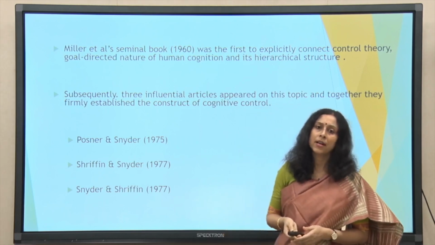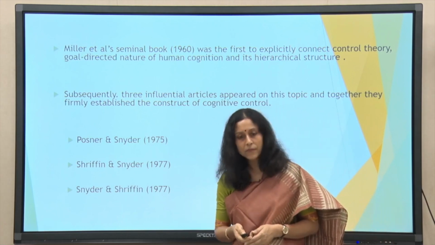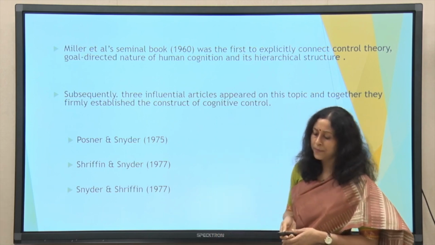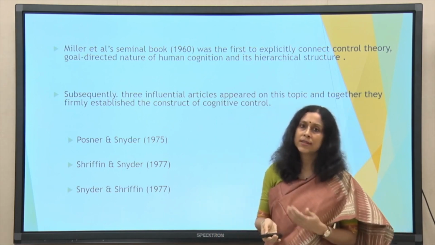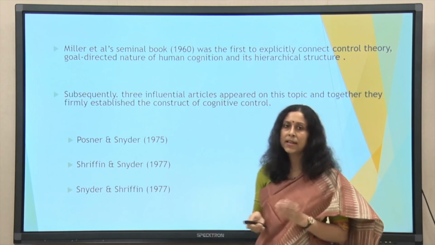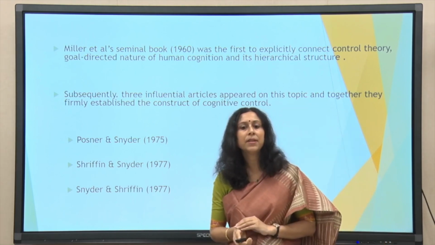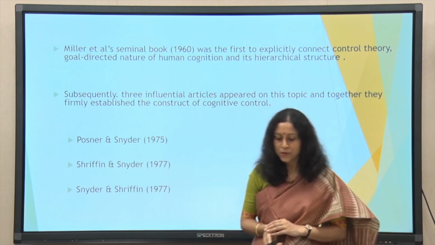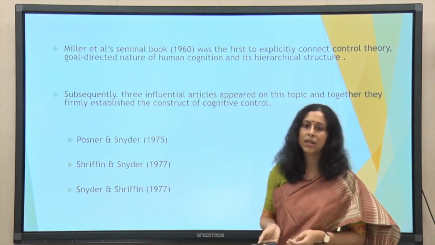Subsequently, there were other researchers, most importantly Posner and his group, that brought out three very important seminal papers. Almost all of these revolve around the same topic, and basically these papers along with this book quickly and firmly established the construct called cognitive control. These three most important papers are listed here. I have added them in the references.